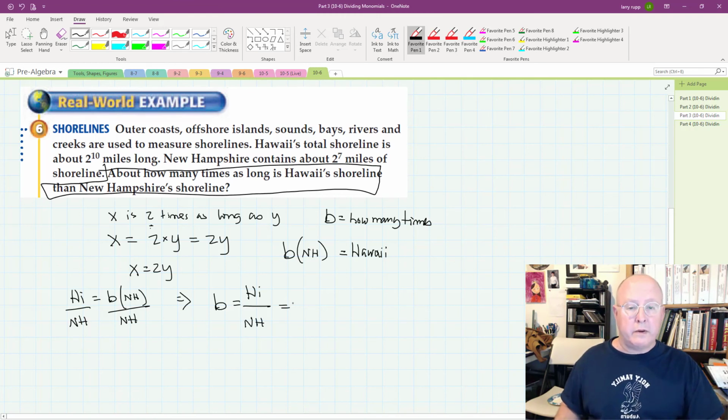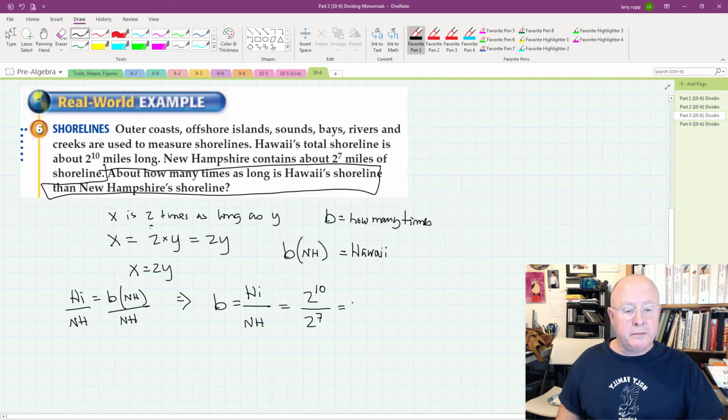Well, we have Hawaii and New Hampshire. Hawaii's total shoreline is 2 to the 10th. New Hampshire's total shoreline is 2 to the 7th. Boy, doesn't that look like a problem that we just got through doing. Same type of problem, right?